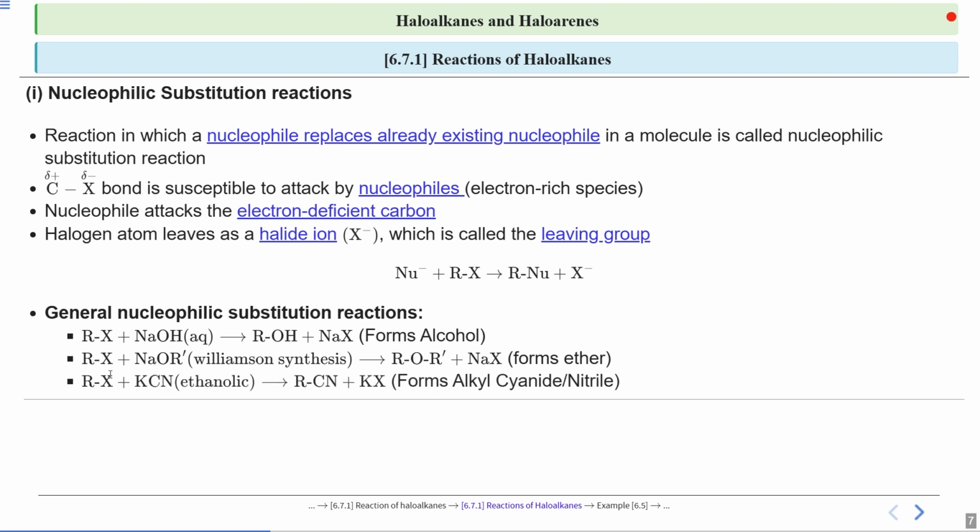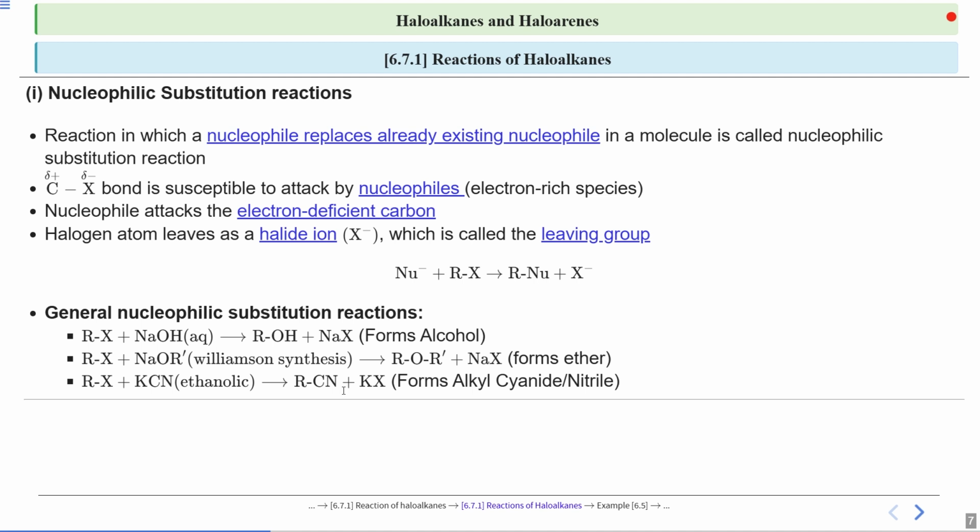The next reaction shown by haloalkanes is a nucleophilic substitution reaction, where RX, the haloalkane, reacts with ethanolic, or alcoholic, potassium cyanide, KCN, giving RCN plus KX. So you get alkyl cyanide, or nitrile, as your product.